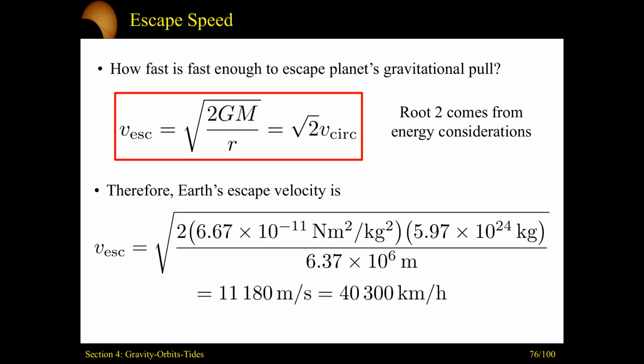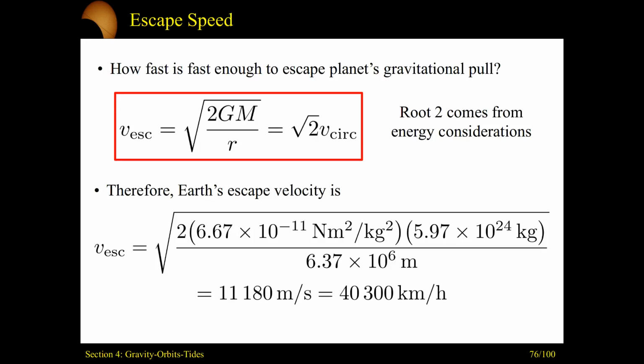All right? So when you want to calculate how much energy you need to escape, there comes this square root 2 factor. And that square root 2 just means that's the amount of energy it takes to be moving fast enough to get over the gravitational pull of the planet.